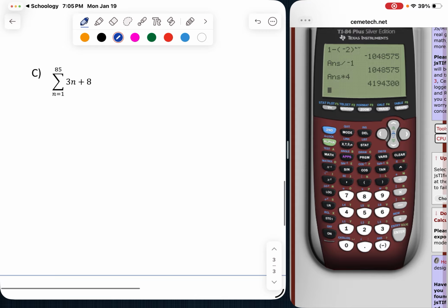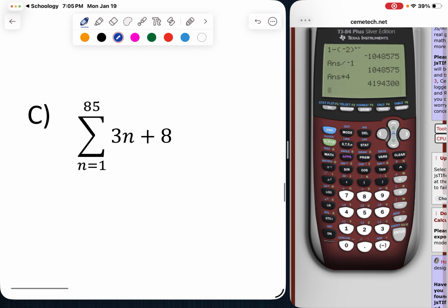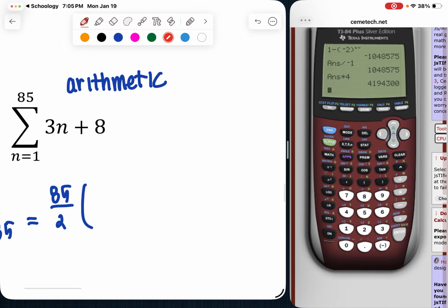Okay. Next one right here, I look at it, it's arithmetic, right? So I am going to use my arithmetic sum formula. The sum of those first 85 terms is equal to the number of terms, which is 85, divided by 2, and then it's a sub 1 and a sub 85 that I'll need.